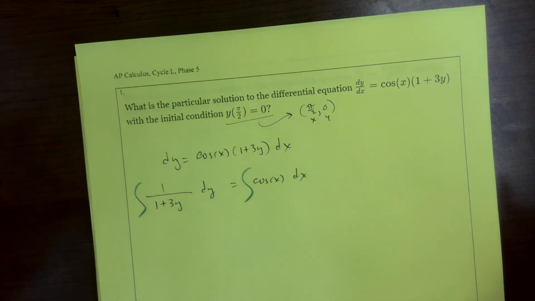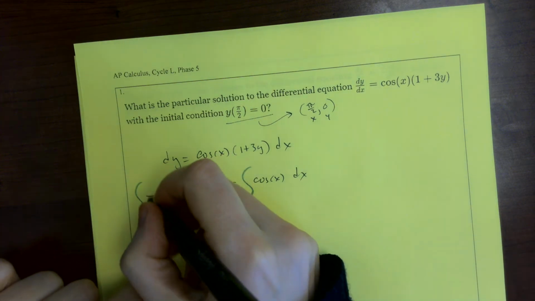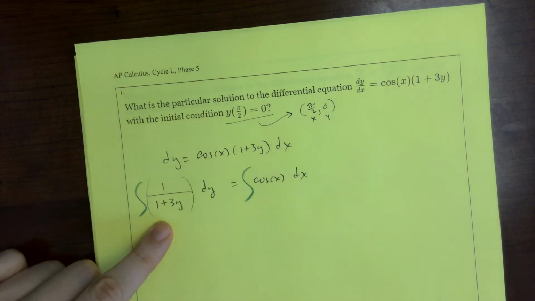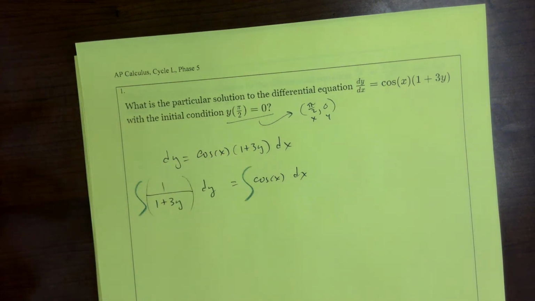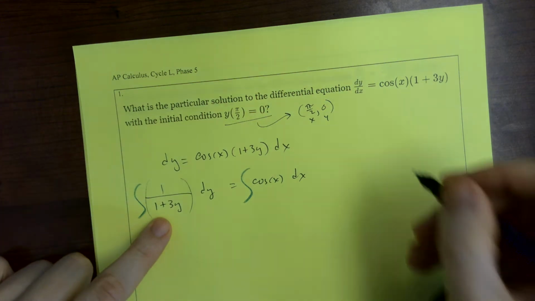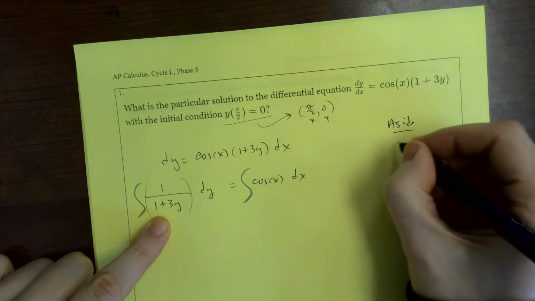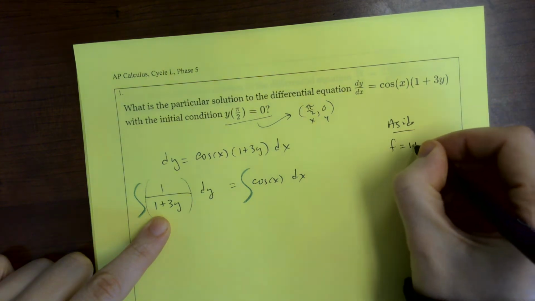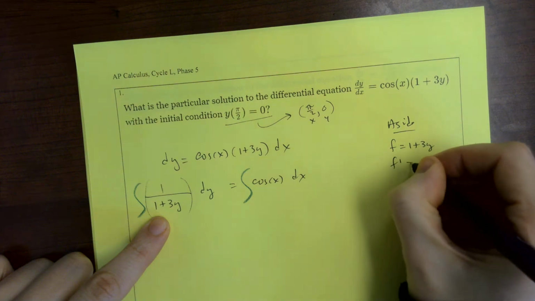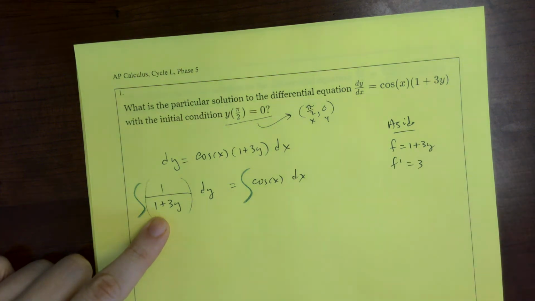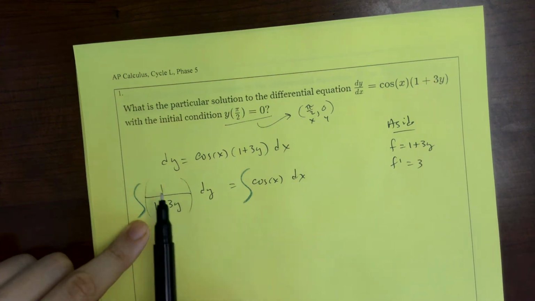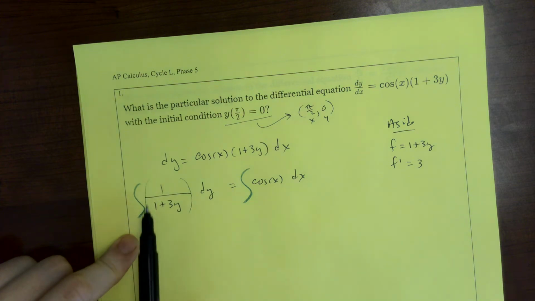Okay, so now for this antiderivative, if you've got a situation like this, you want to try to do f prime over f. So I'm going to do a little aside. If I let f equal 1 plus 3y, then f prime is 3. So I want a 3 up here, so I can multiply by 3 over 3.